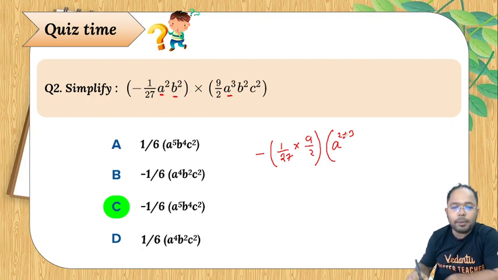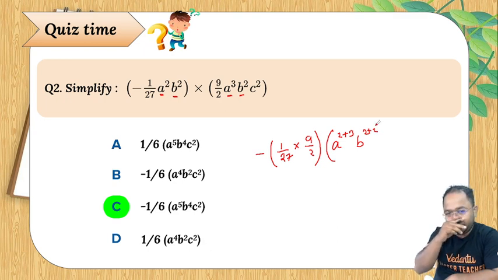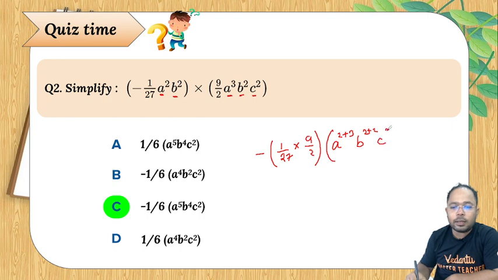Similarly, b to the power 2 is there, and here b to the power 2 is there, so 2 plus 2. Next, c square is there, so c square. So this gives 9 ones are 9, 3 nines are 27. So it gives minus 1 by 27, and this becomes a to the power 2 plus 3, that's 5, b to the power 4, and c to the power 2.